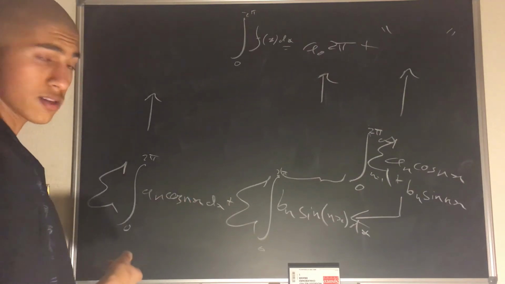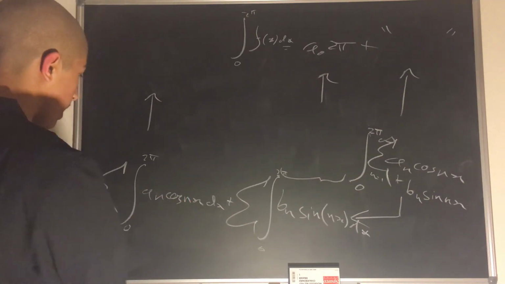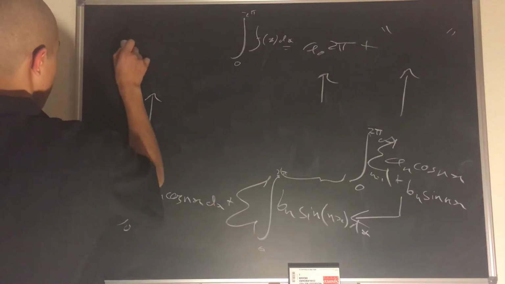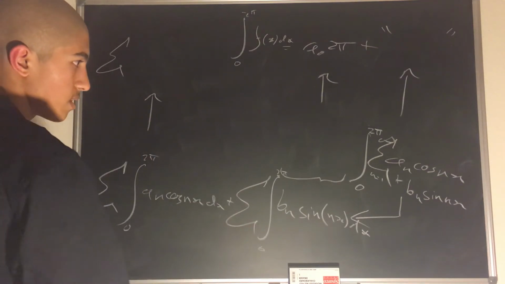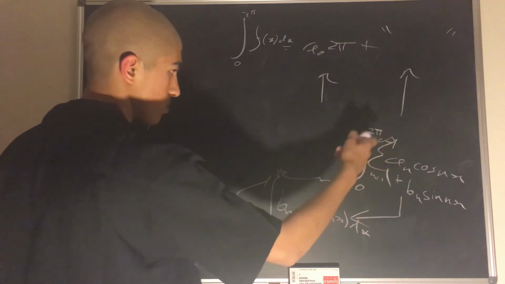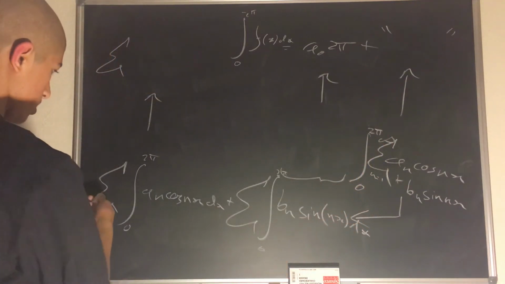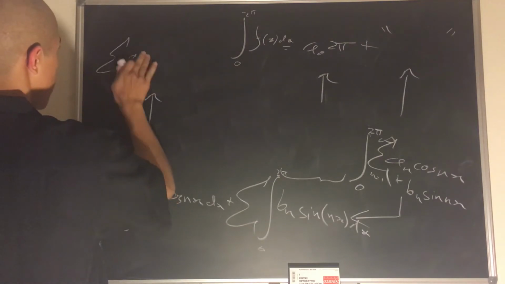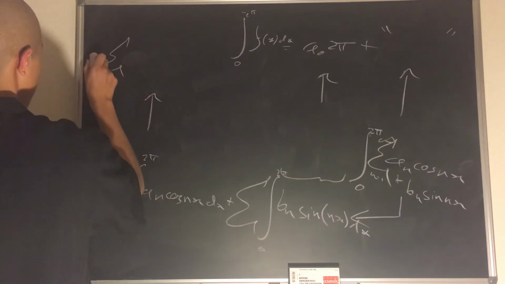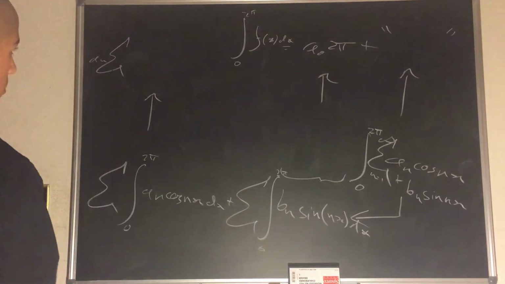Since an is a constant coefficient, we can simply pull the an out of the integral, and remember, for the sums, the limits are implied, n equals 1 to infinity. So the sum of an, and we can even pull the an outside of the sum, but it doesn't really matter.